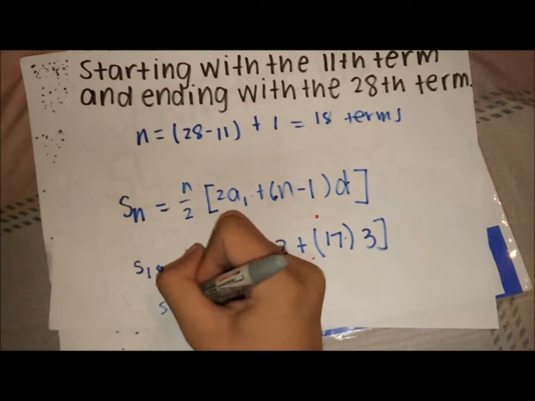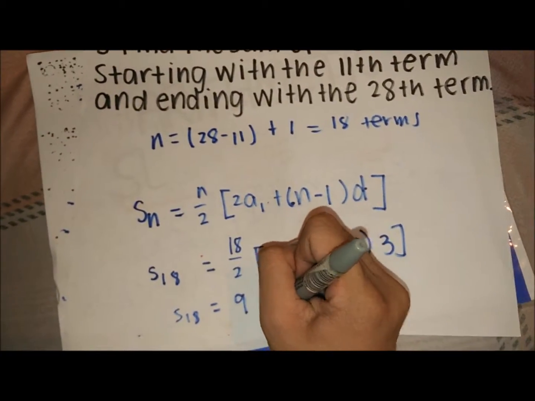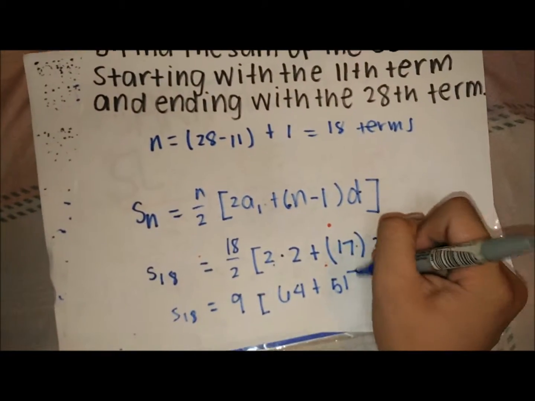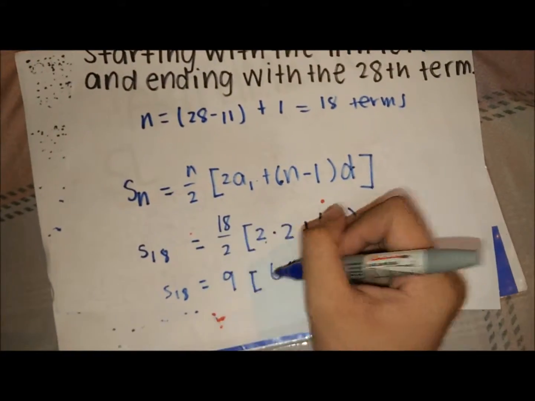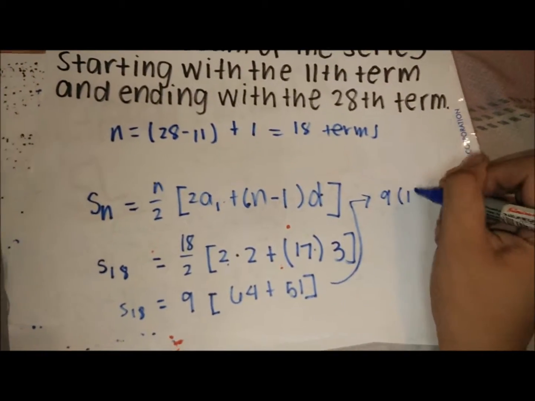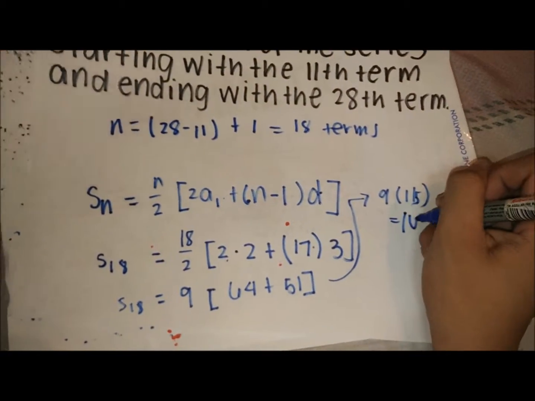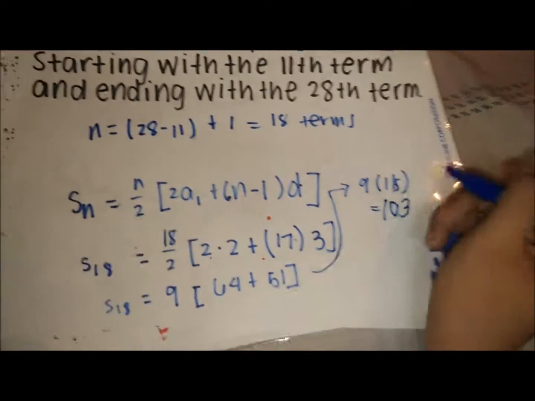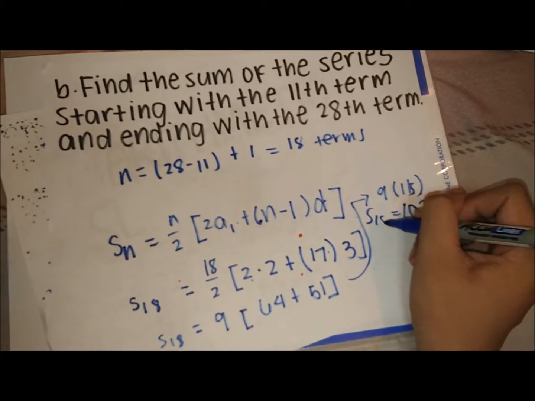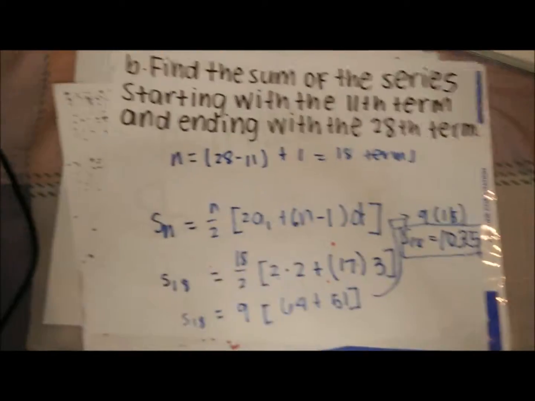So S sub 18 is equal to 9 times 64 plus 51, so it will be 9 times 115, which is equal to 1035. So S sub 18 is equal to 1035.